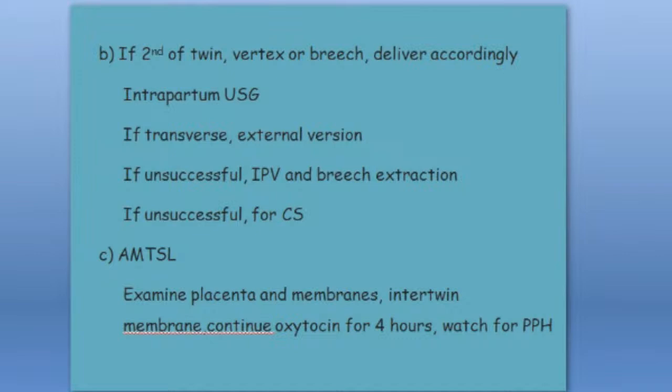And also, one should continue oxytocin for about 4 to 6 hours, and watch for PPH in the delivery suite. And of course, we have already discussed the importance of arranging blood and blood products for these high risk patients earlier on. So, briefly, you can discuss the problems that you are anticipating and what exactly you will do.